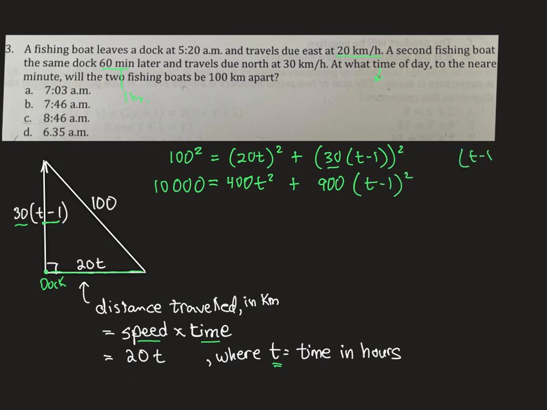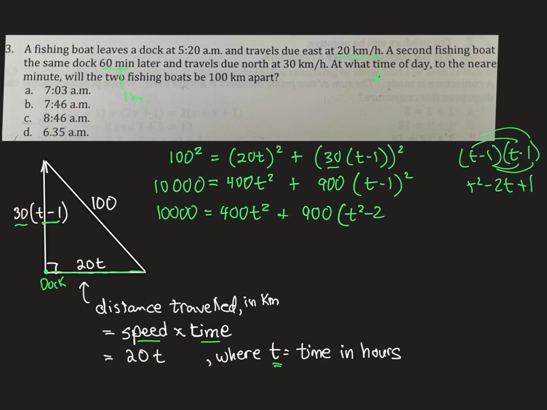I'll just do that off to the side. (t minus 1)(t minus 1). We're going to FOIL that. So we'd get t squared minus t, minus t, so minus 2t plus 1. All right, so now put that back in here, plus 900 times the bracket t squared minus 2t plus 1 that we worked out over on the side.